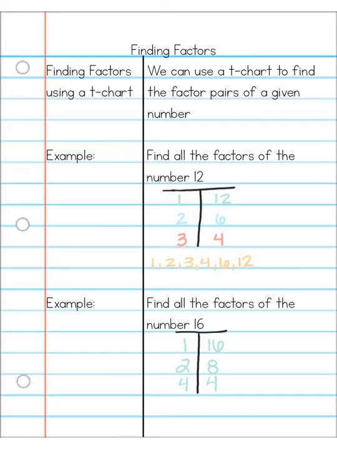And there are no other numbers that will fit evenly into 16 that I haven't already used. So when I list the factors, it's 1, 2, 4, 8, and 16. Notice that I don't have to list the number 4 twice, but if I were using it as a factor pair, I would list 4 and 4.